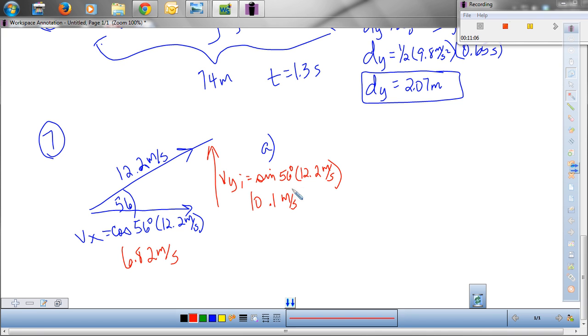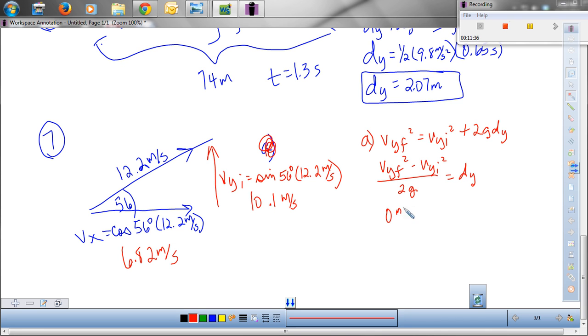Alright, so we want to find out how high it went. So I don't know any time yet, so I can just say, well, Vyf squared equals Vyi squared plus 2g dy. I want to find dy, so Vyf squared minus Vyi squared over 2g, which is going to be negative, should give me dy.